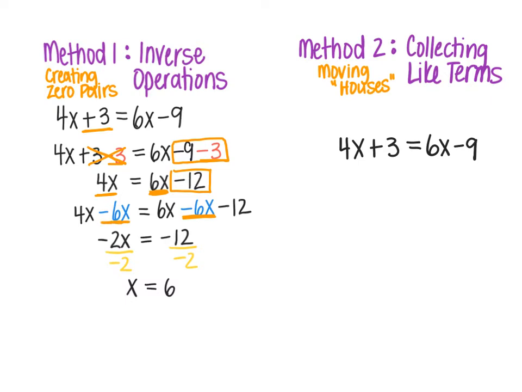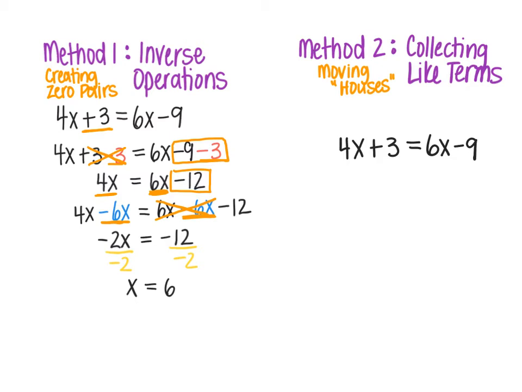What that does for me is it lets me collect the like terms on the left-hand side. So 4x take away 6x is going to give us the negative 2x on the left-hand side. And on the right-hand side, that 6x and the negative 6x again have created a zero pair, so I can just cross those out and know that it would be equivalent to a 0.